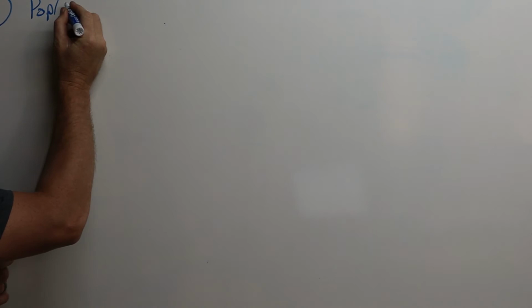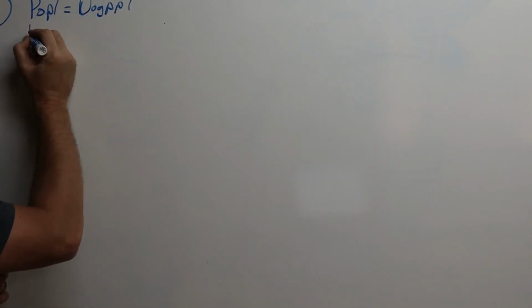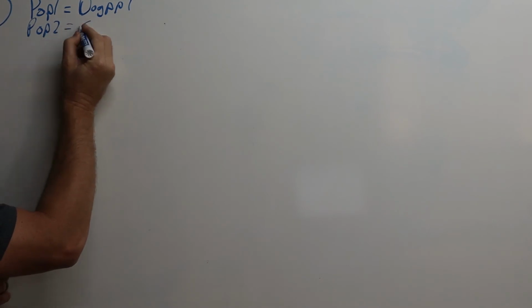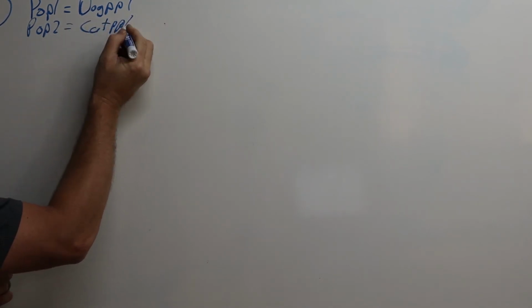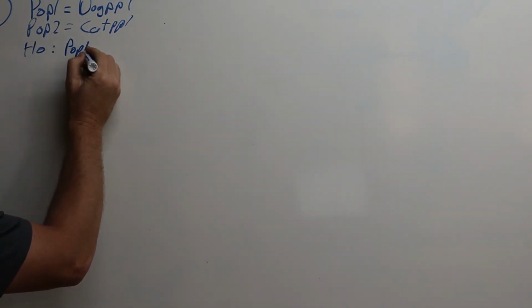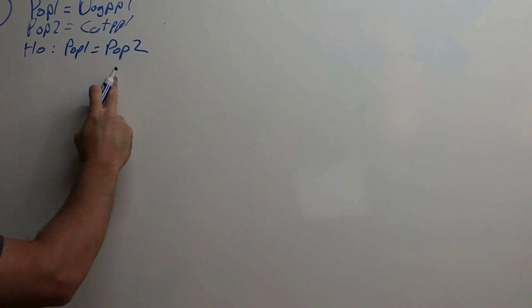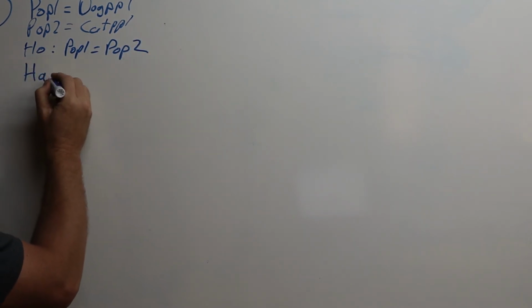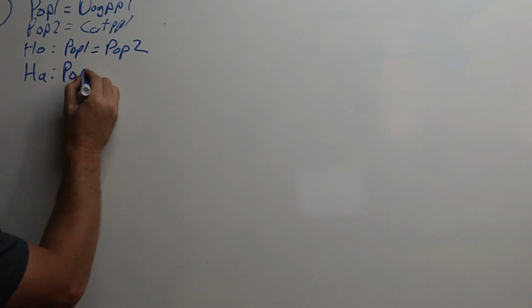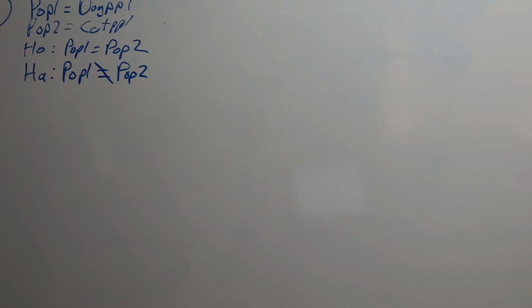Population 1, let's say dog people. Population 2, let's say cat people. So there's the two populations. Our H0 is population 1 and population 2 will not differ, that they will be equal on their depressive level. Our research hypothesis is that population 1 will be different or not equal to population 2.